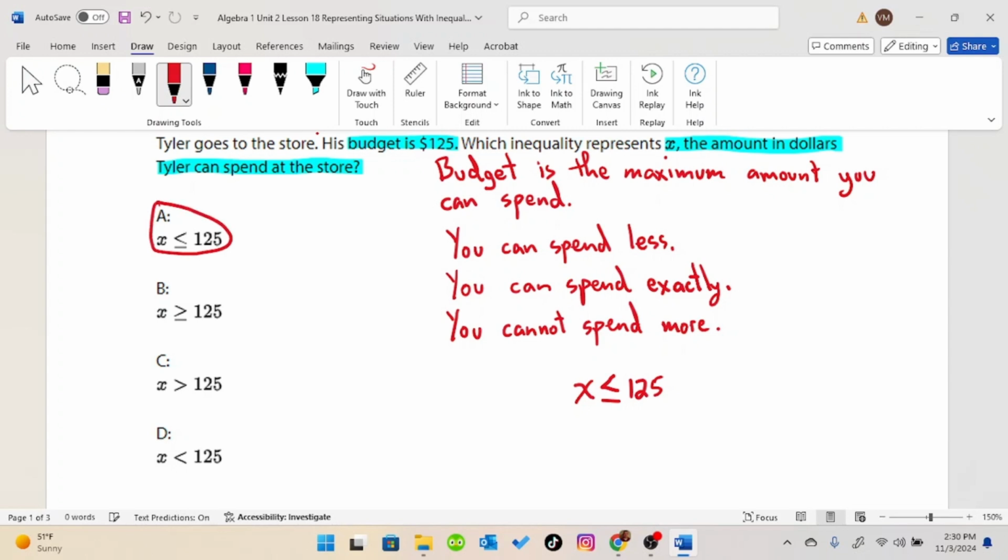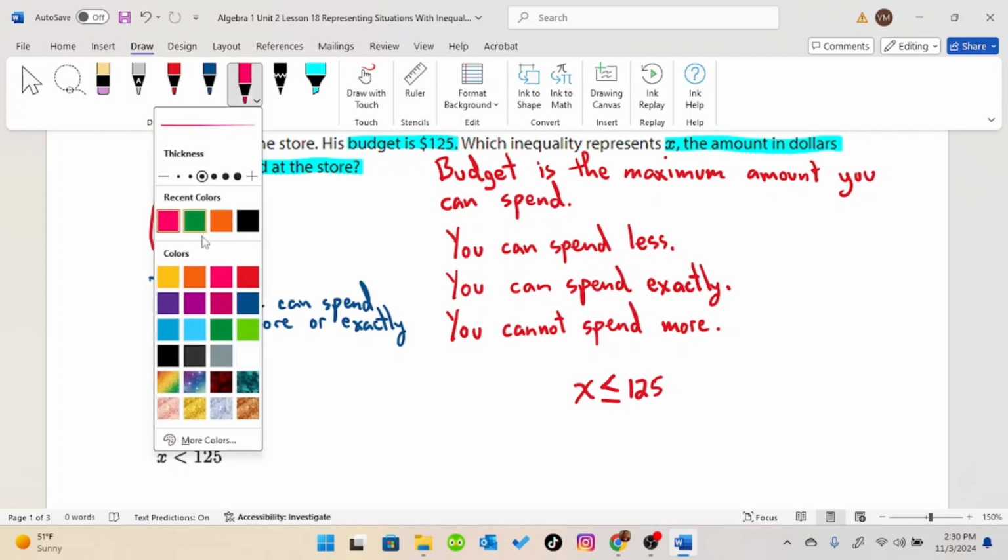If we look at the others, this says he can spend more, or exactly. So that one's wrong.